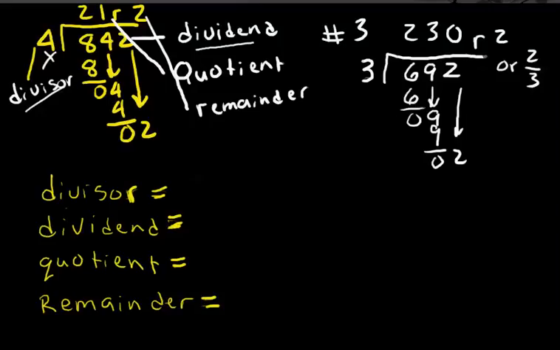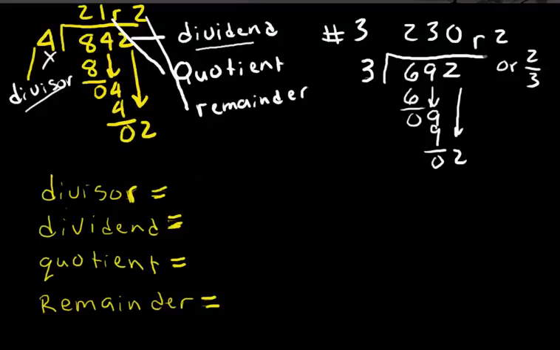We're going to do practice problem number 3, and you're simply going to identify the divisor, the dividend, the quotient, and the remainder. And I've identified the problem that you're working with as number 3. I've shown you the answer to the problem, so this is not you having to work it out, it's just identifying the parts. So I'm going to give you 1 minute to identify these parts, and then we're going to come back.